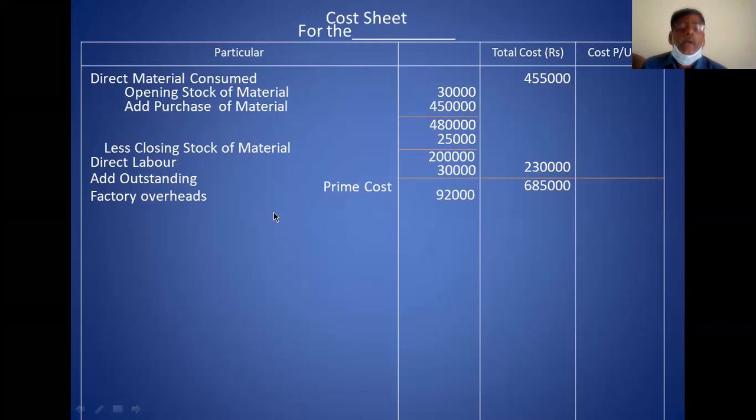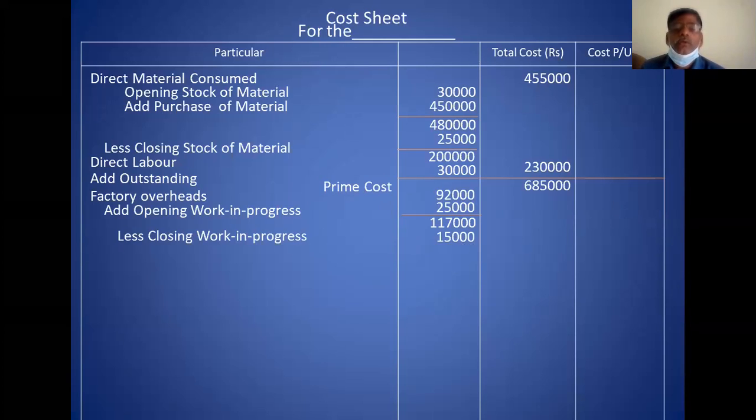Then you take the factory overhead. Factory overhead is 92,000. Okay, that is works on cost. Works on cost 92,000. You add opening work in progress 25,000. You will get 1,17,000.